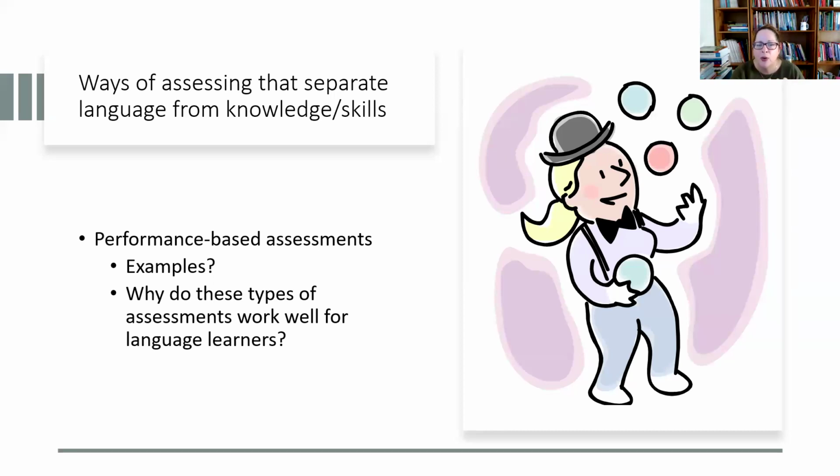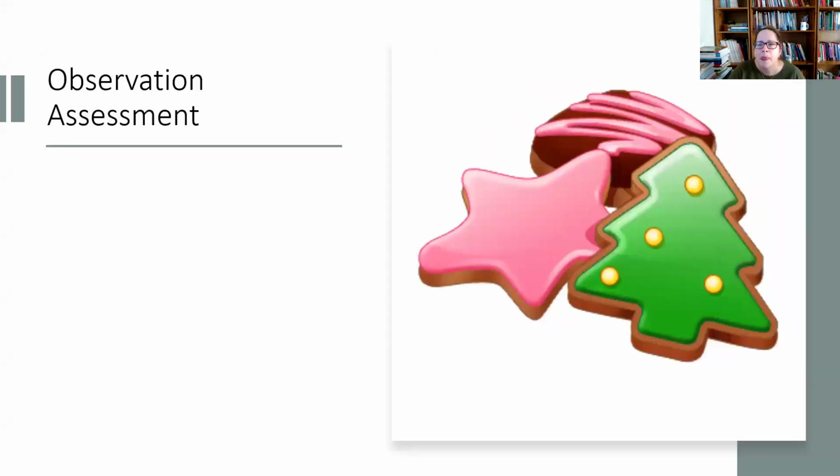So it's all about showing us rather than using language in order to be able to assess how they're doing without the level of English or the language of instruction impacting. And so these assessments can be really successful if they can be designed well, because they can show us what it is they know and can do without any level of language at all.